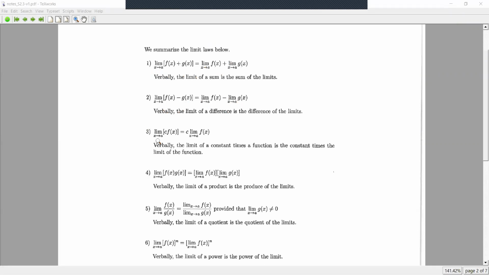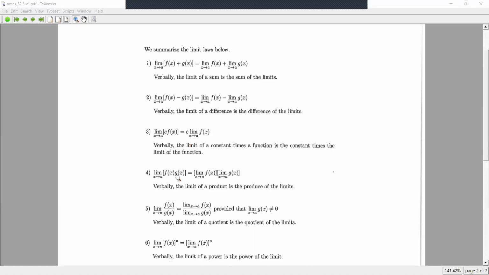Law number three is a constant times a function. Limit of a constant times a function is the constant times the limit. The constant can be moved outside the limit. Law number four is the product law.